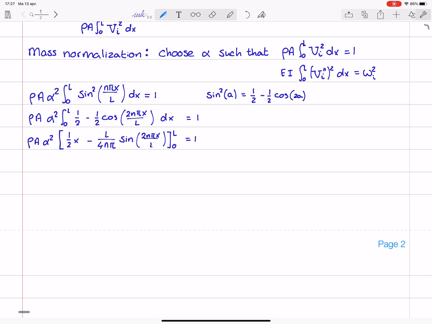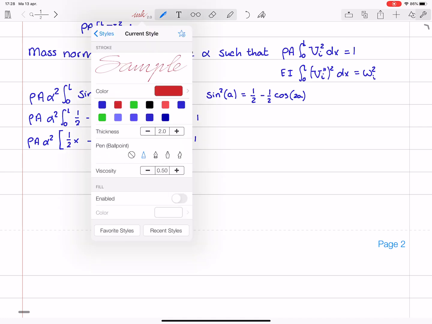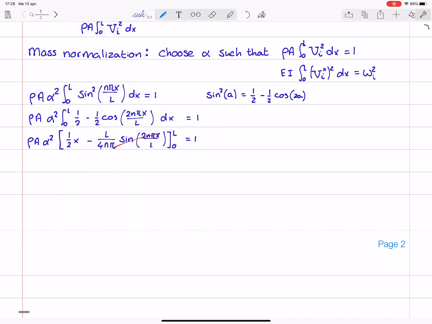For the sine term, the upper limit is the sine of 2n times pi, which is always 0, and the sine of 0 is 0, so this one drops. For a half times x, only the upper limit produces something, so we have a half rho A L alpha squared equal to 1, from which we conclude that alpha must be equal to the square root of 2 divided by rho A L.